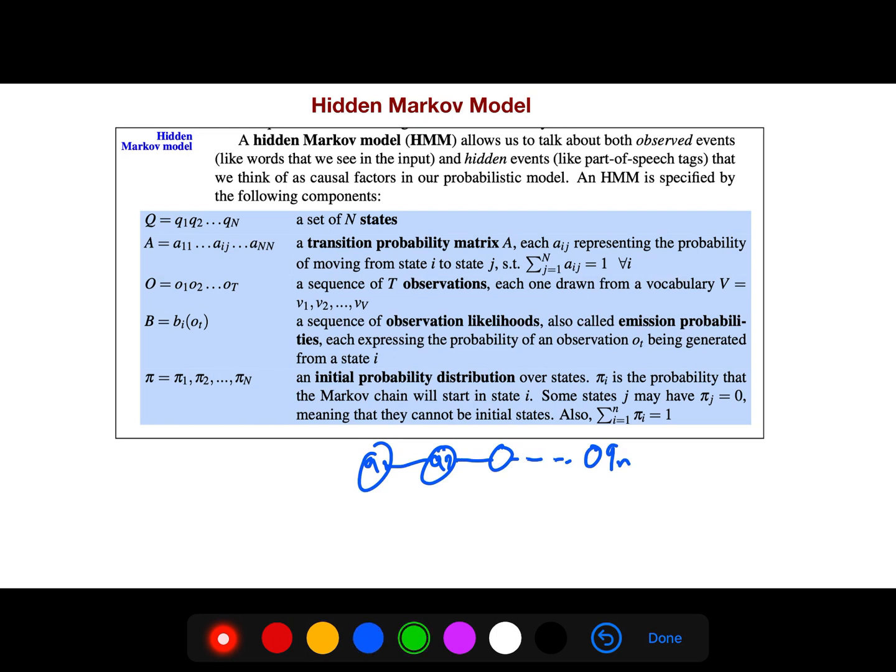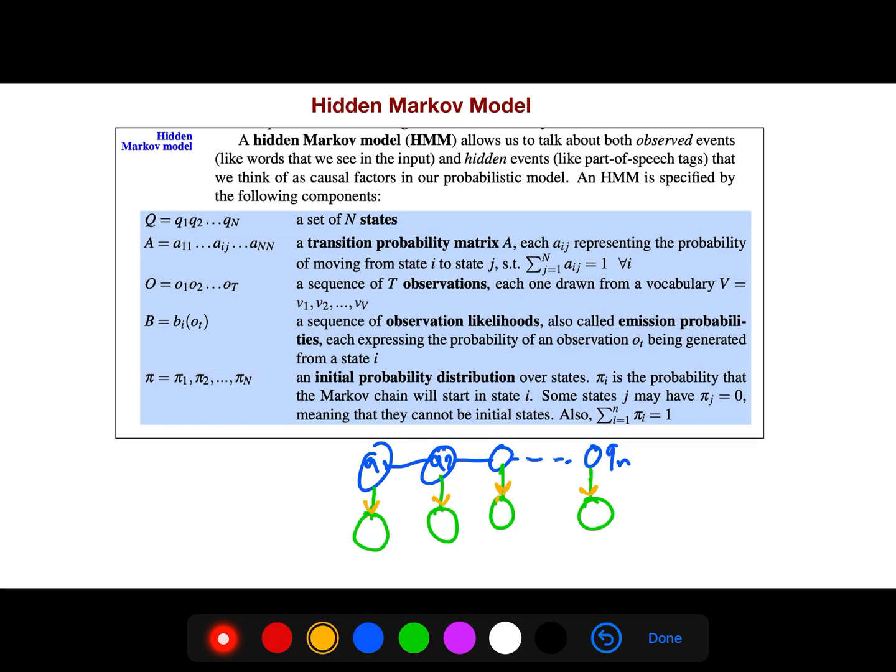But what we can do is observe, for example, the words. So these are the words, and then conditioned on the states we can see them. So the direction in a hidden Markov model is like this. We have some observations.